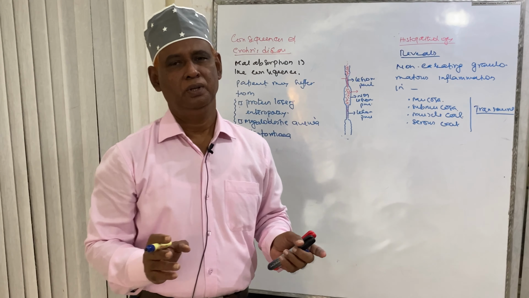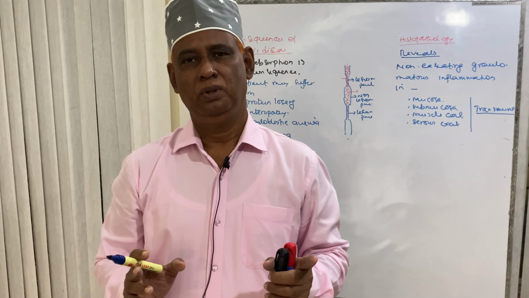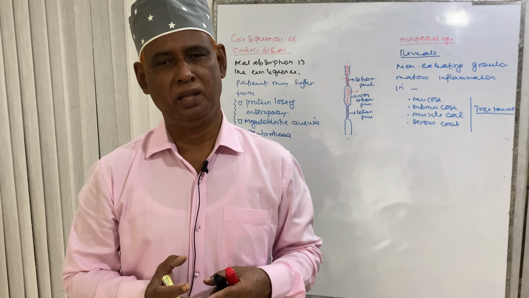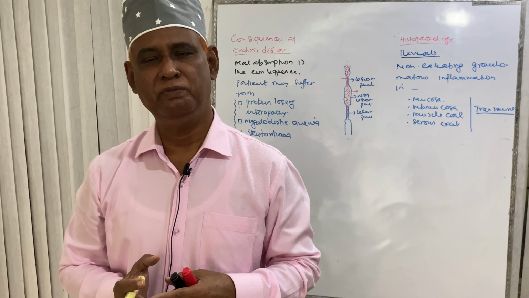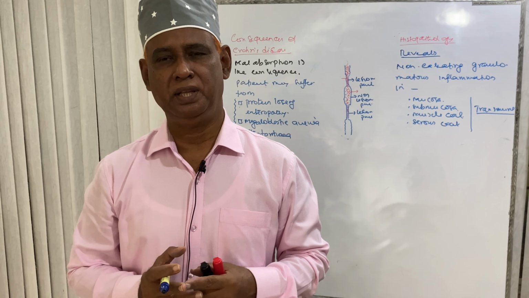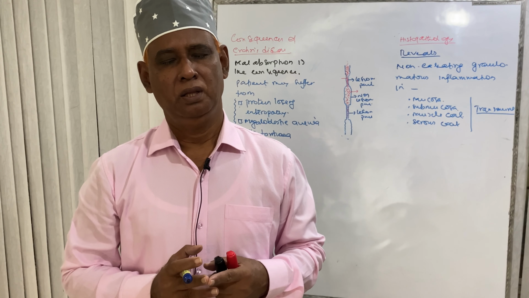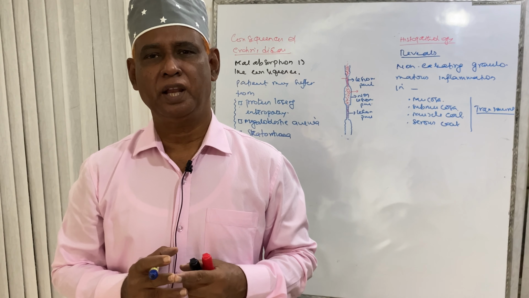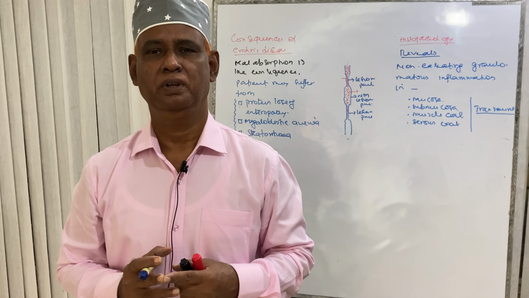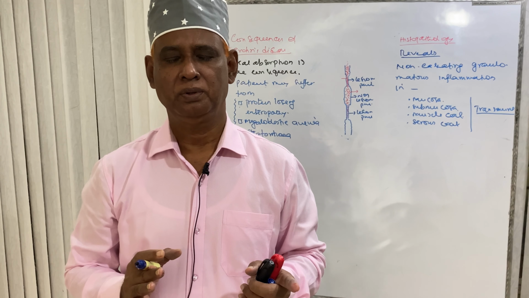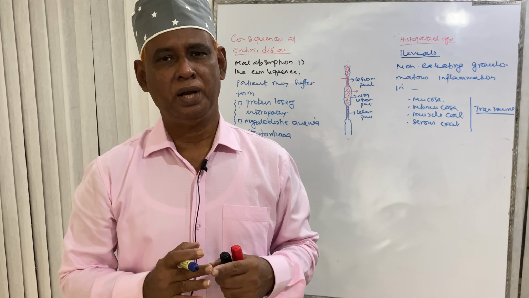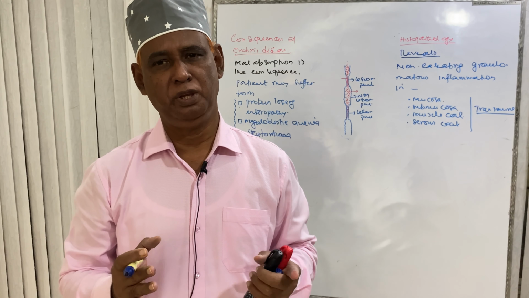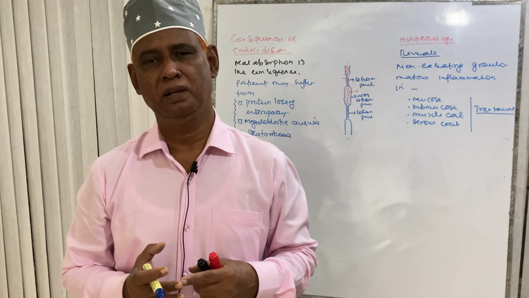Dear audience, today I have told you what is Crohn's disease. It is an idiopathic chronic ulcero-constrictive inflammatory bowel disease where there is transmural non-caseating granulomatous inflammation. Cause is not known. It usually occurs in the second decade of life. Females are affected more than males.